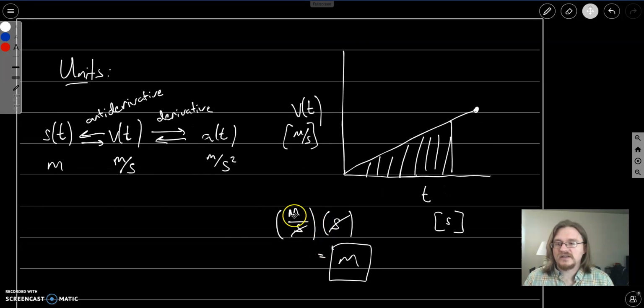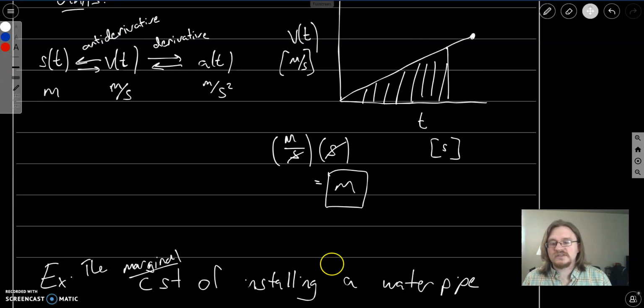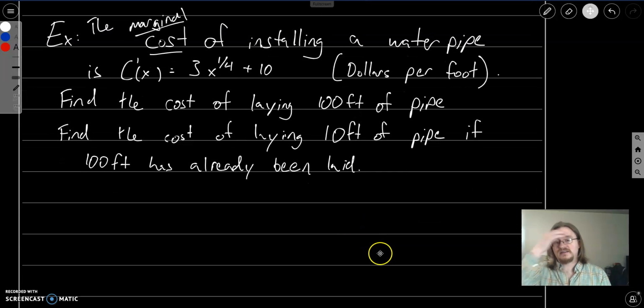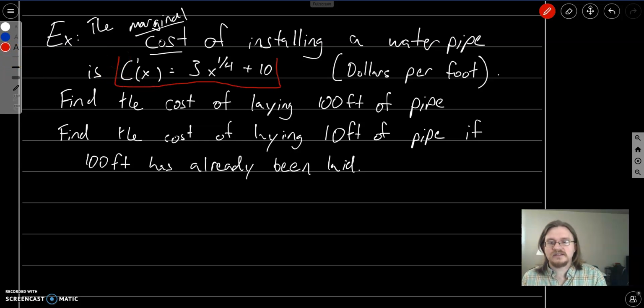So units are important. Let's do an example of a question that involves some units. The marginal cost of installing a water pipe is going to be given by this formula. Marginal cost is the cost of installation per unit.